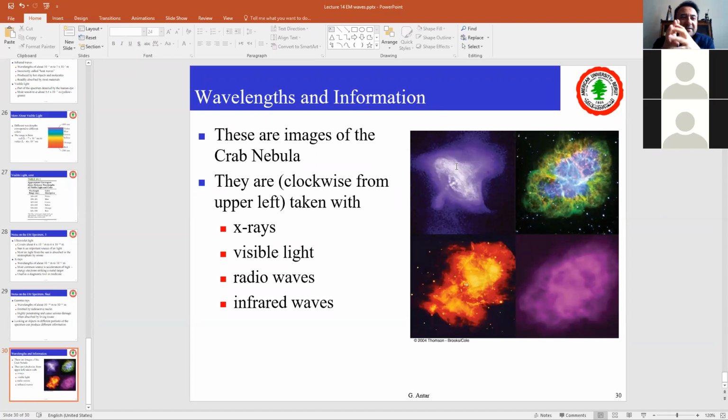What you see on this graph here is one example. This is a nebula. A nebula is basically what remains when a star explodes, and by viewing this explosion in X-ray, which is the top left, in visible, which is the right, in the infrared, which is the bottom left, or in the UV, which is the bottom right, each of these gives you information about this nebula, okay?